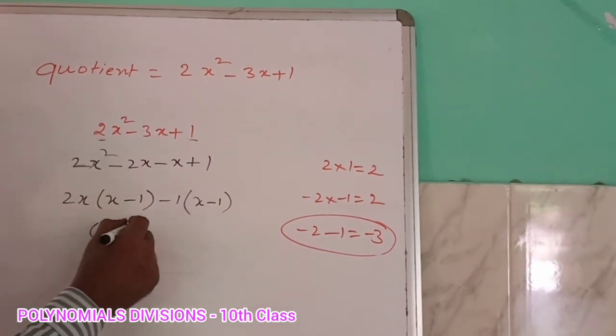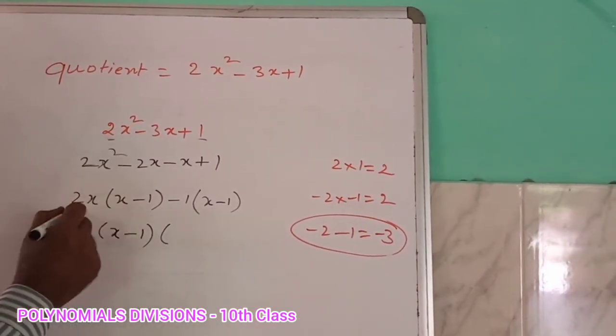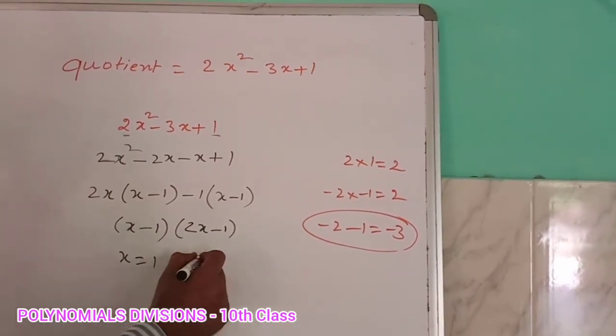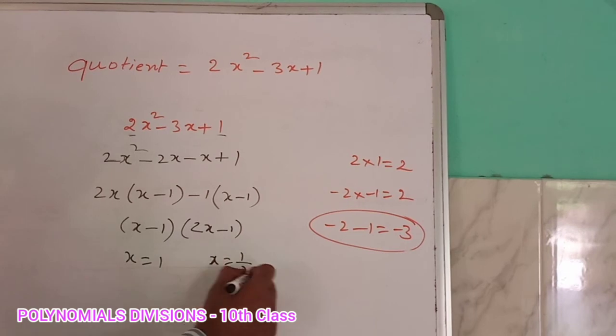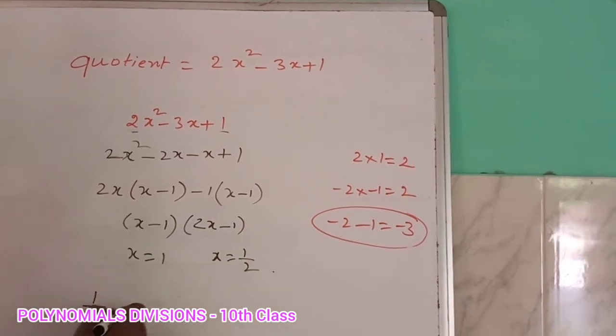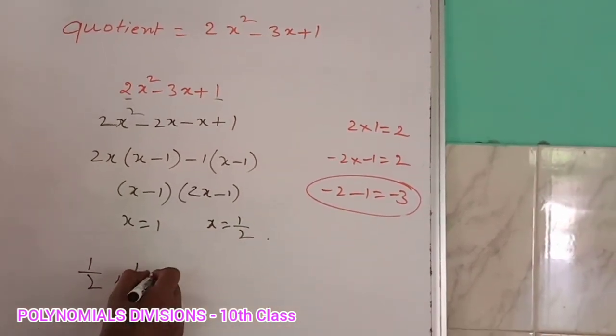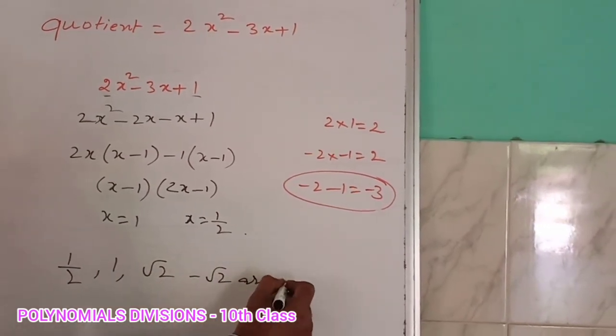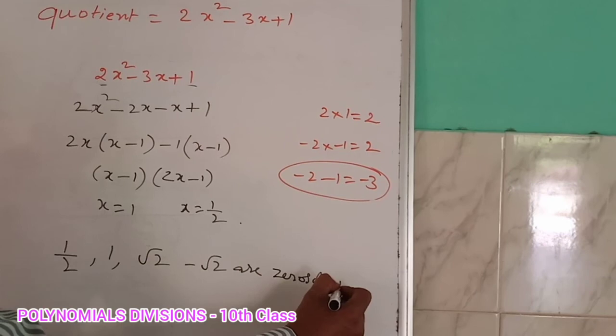Then x minus 1 into the remaining value 2x minus 1. So x equal to 1, x equal to 1 by 2. So 1 by 2, 1, root 2 and minus root 2 are the zeros of p of x.